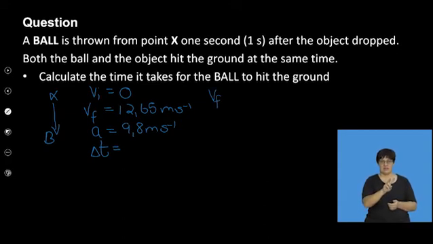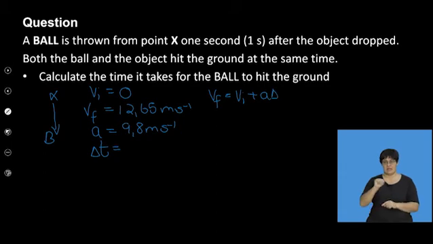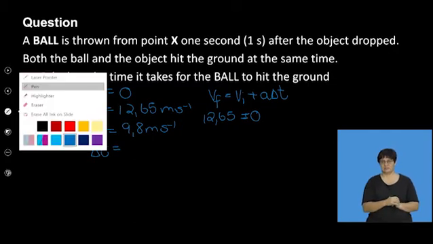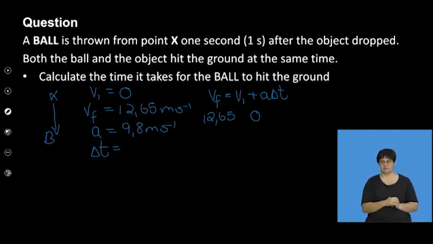So VF equals VI plus A delta T. VF is 12.65. VI is 0. That's an equal sign, not a plus sign. Let's make it look like an equal sign. There we go.